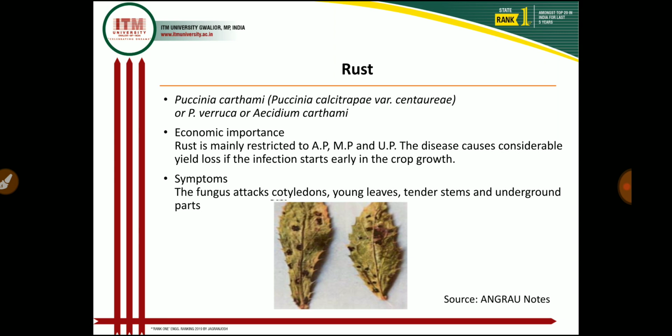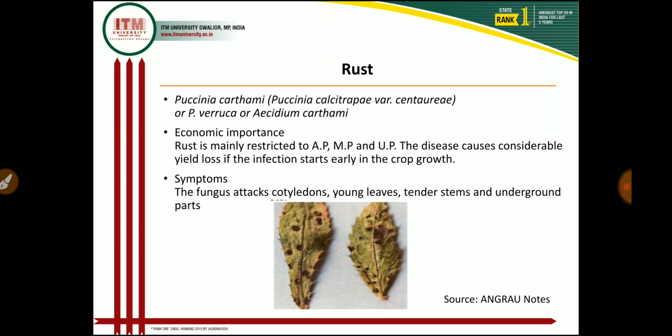Seedlings sometimes die suddenly without exhibiting symptoms in the aerial part, and infection on the hypocotyl causes hypertrophy of the tissue due to accumulation of mycelium between cells. Stem girdling occurs in older plants, and rust pustules also appear on the tap root as well as lateral roots. So because of this disease, the root system is also damaged. Because of the root system damage, translocation of water does not occur properly to the leaves, so leaves show wilting symptoms.